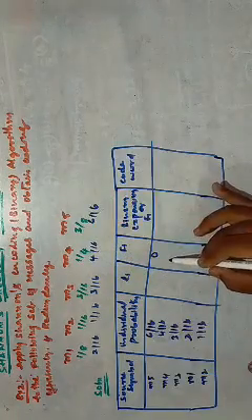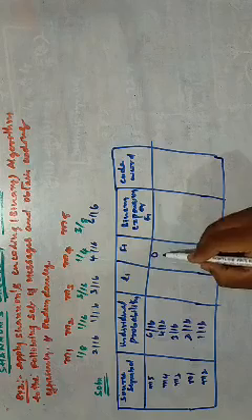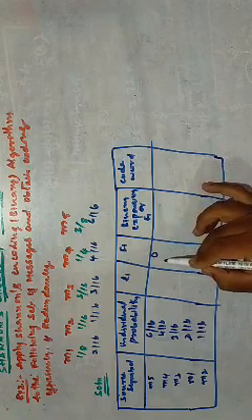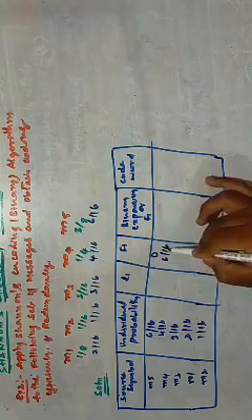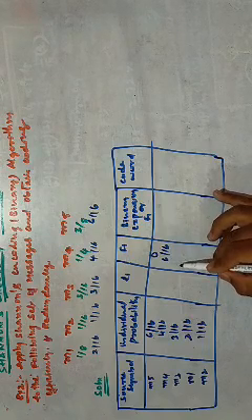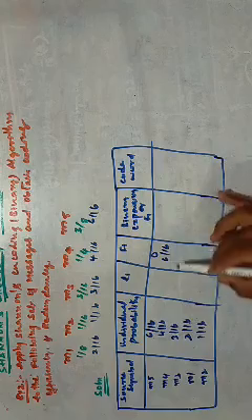F2 is equal to p1 plus f1. Now p1 is 6 by 16 and f1 is 0, so this is 6 by 16. And f3 is p2 plus f2, where f2 is p1 plus p2.